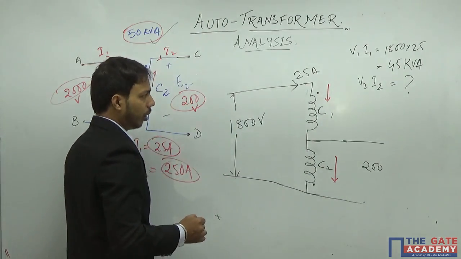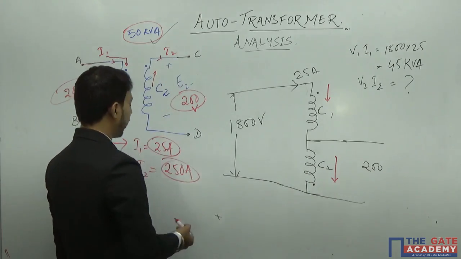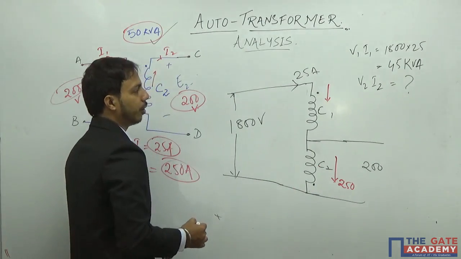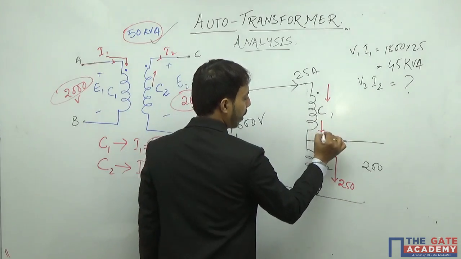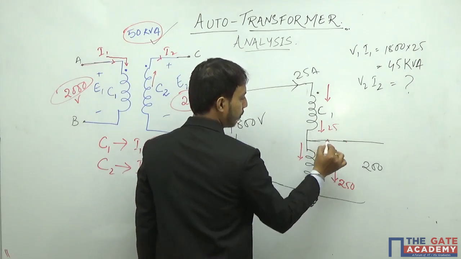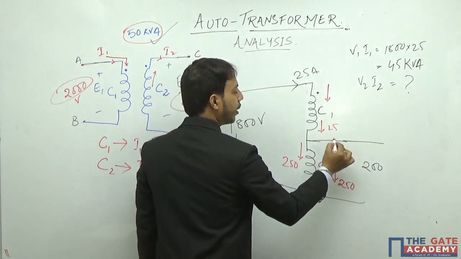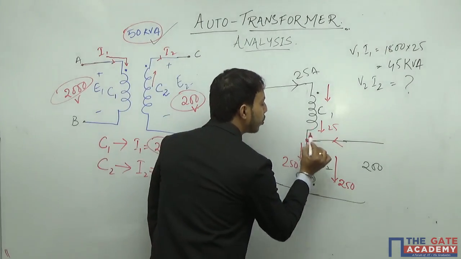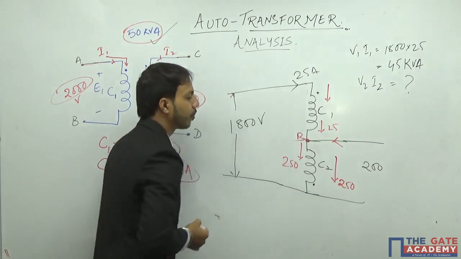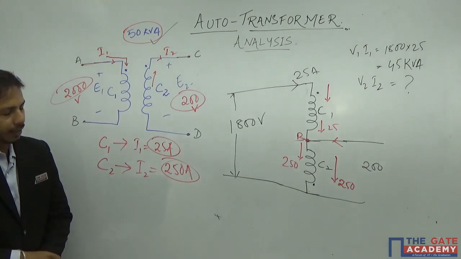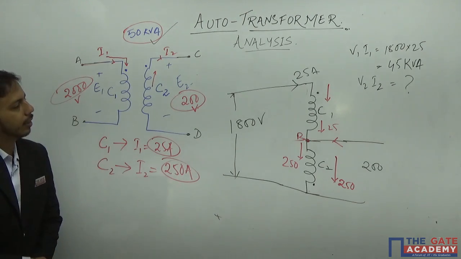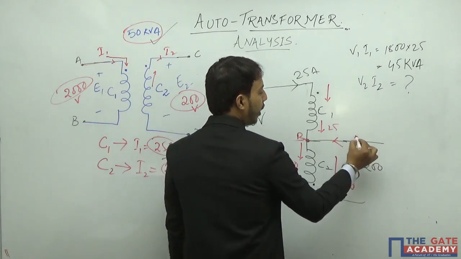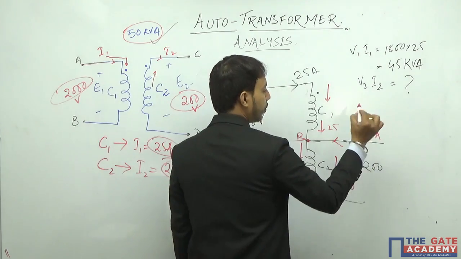So how much current should go out? We know the rating of this current is 250. So 250 current should go out through this dot, and I have 25 ampere coming, 250 going here. So how much current should be coming through here? Again, I will be applying KCL at this point. Let us say this point is B. At this point, if I apply KCL, 250 minus 25 will give me 225 amp.